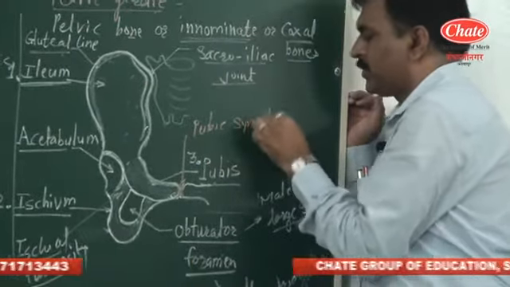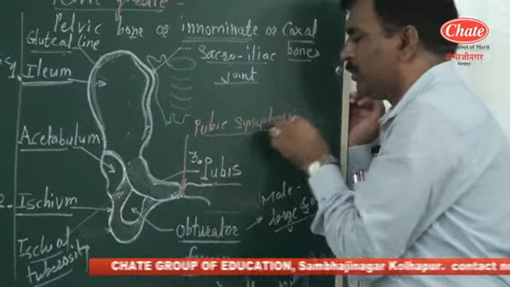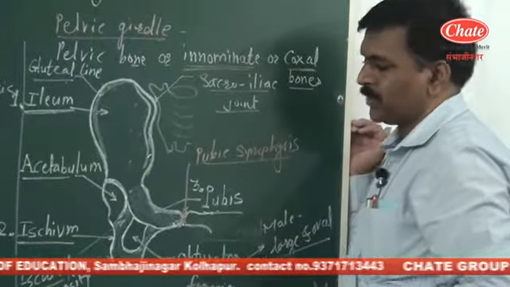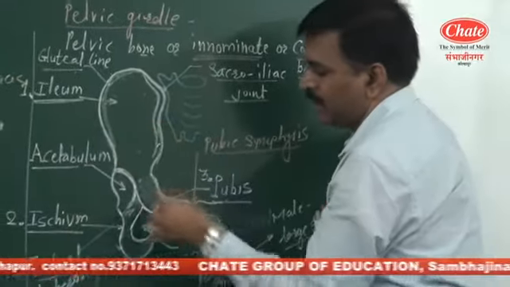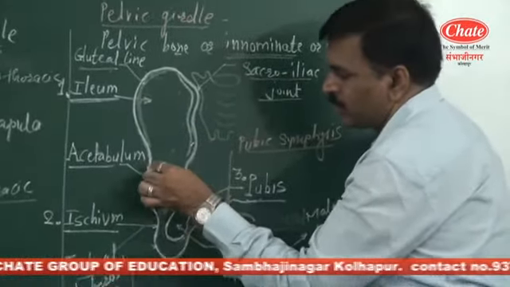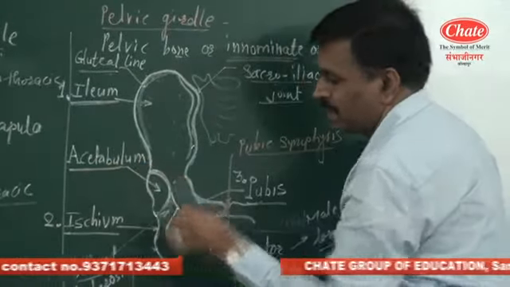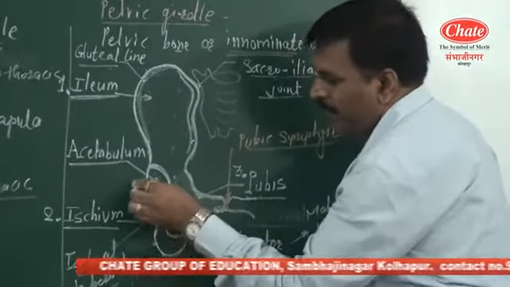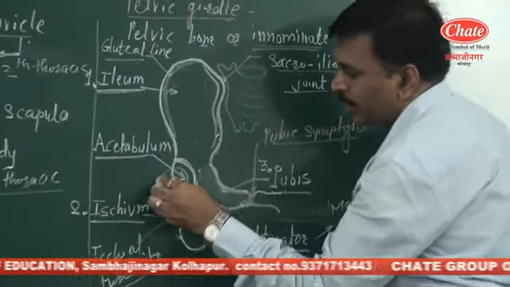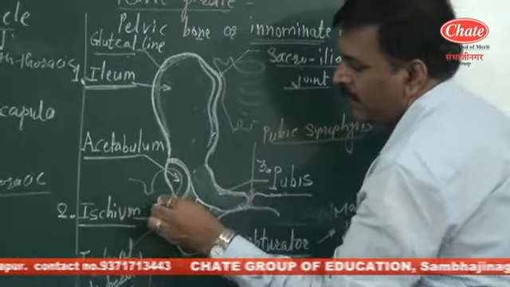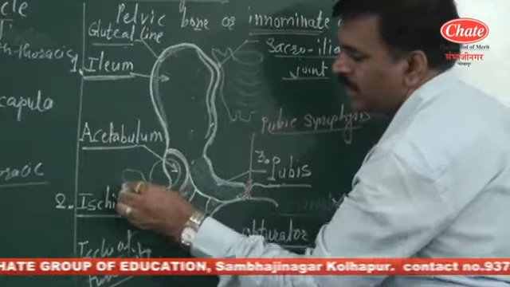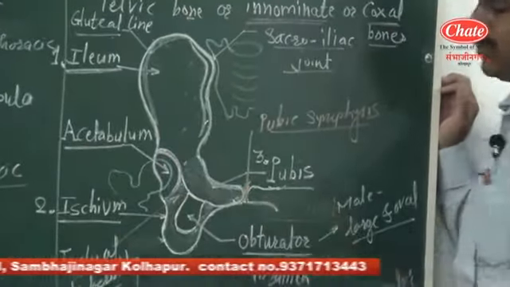The pubic symphysis connects the two pubis bones of the two pelvic bones, and at the junction of ilium, ischium and pubis we can observe a cavity, termed the acetabulum, where the head of the femur bone articulates. So it forms the ball and socket joint.